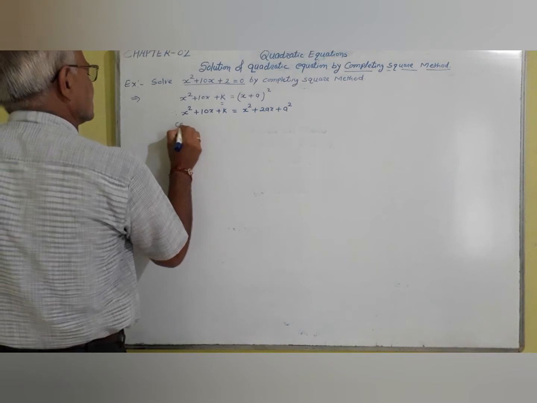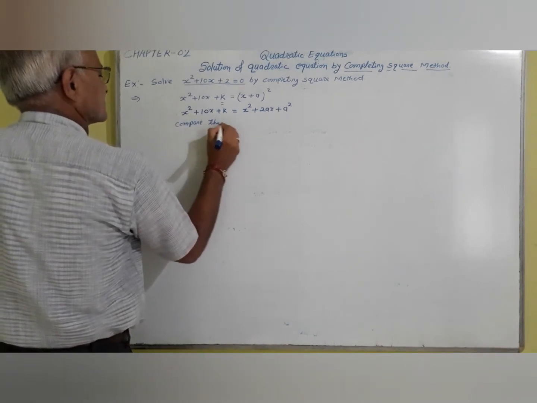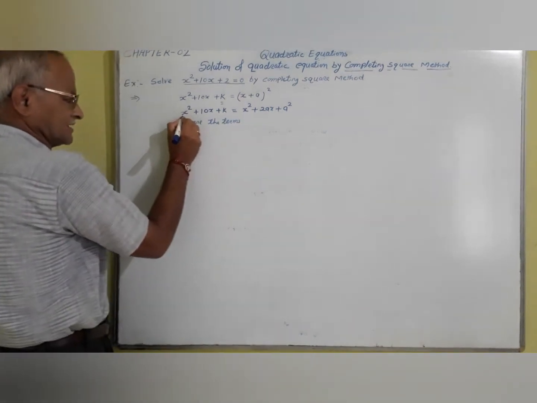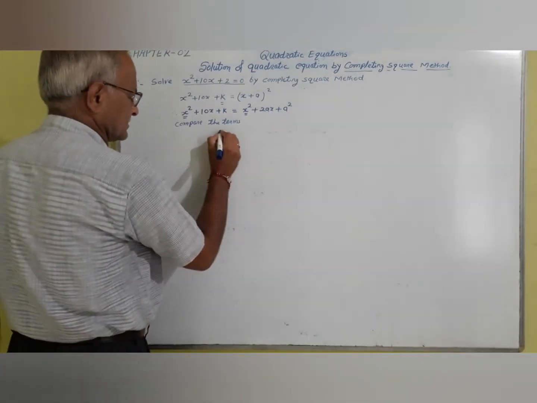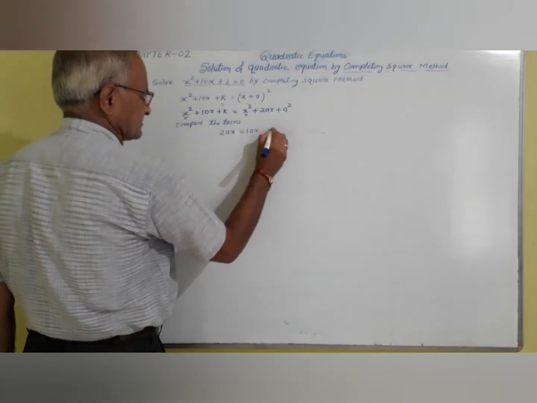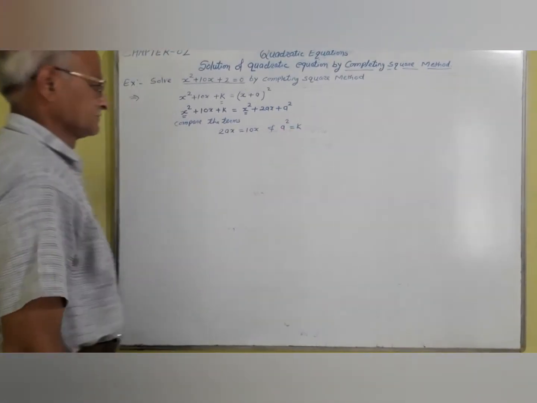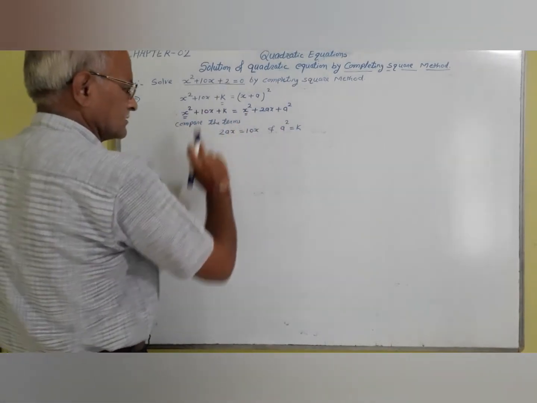Now compare the terms. When we compare, x square becomes cancelled, and 2ax is equal to 10x and a square is equal to k.